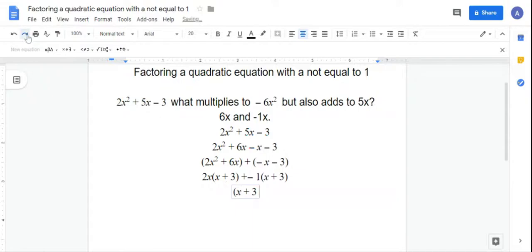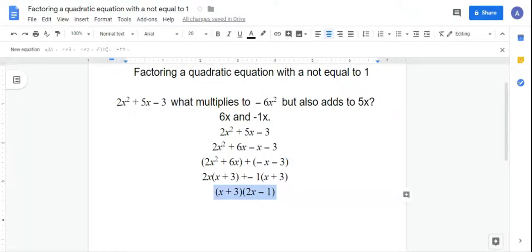And then the second factor is going to be the leading terms from both of the groupings. So we're going to have 2x, and we're also going to have the negative 1, as that's the leading term of the second grouping. And then that becomes your final answer.